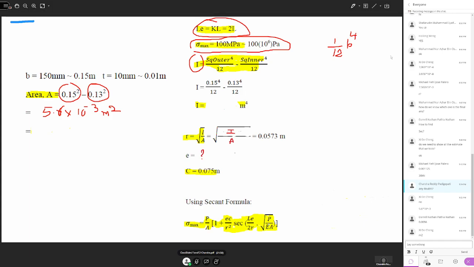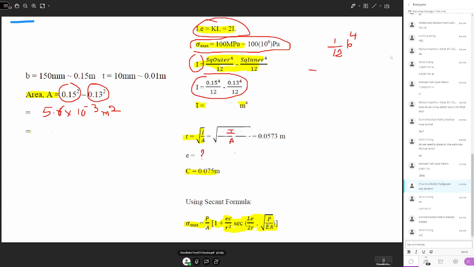So here you get 1 over 12, outer width 150 mm to the power of 4, minus inner, since it is hollow, 0.13, thickness is 0.01, so you subtract 0.13 to the power of 4, over 12.